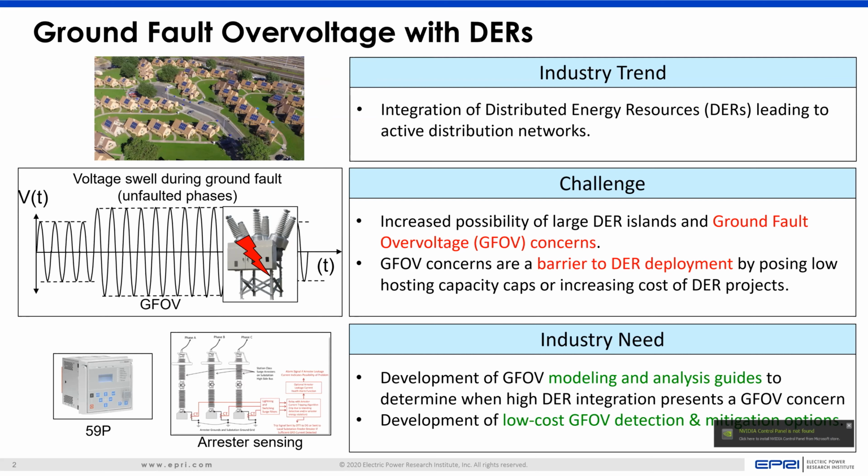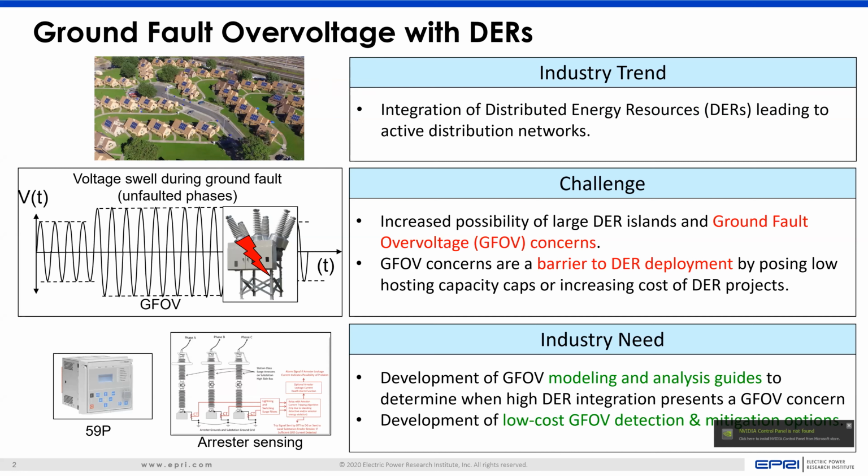So essentially, there is a need in the industry, first, to understand if there is a GFOV issue. There's a need to model and analyze the networks and to determine when high DER integration presents a GFOV concern.